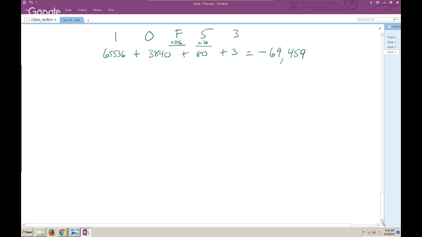So if you're doing conversions, you got to be fairly quick at it. But again, what's our goal here? Hows or whys? Focus on the whys, and you'll find that it's much easier.